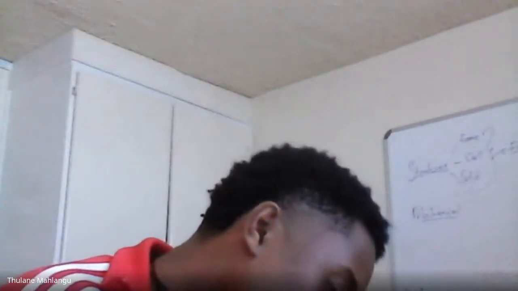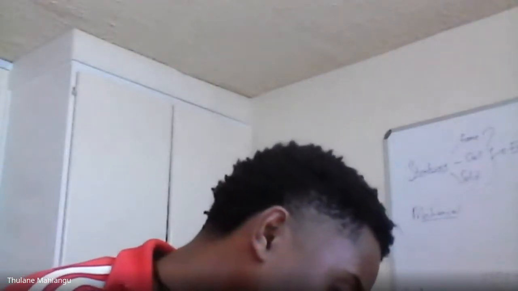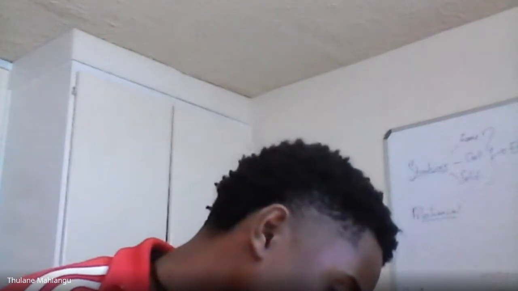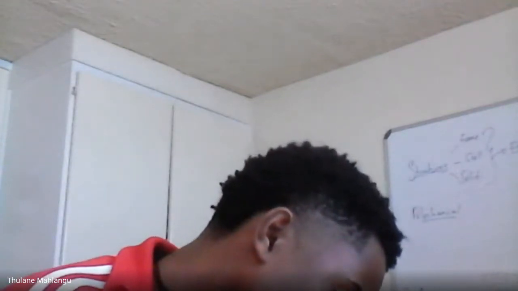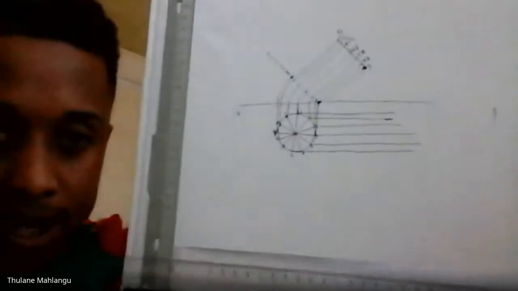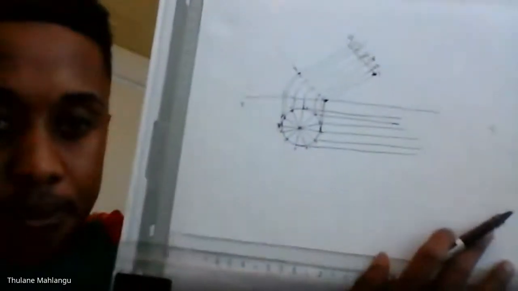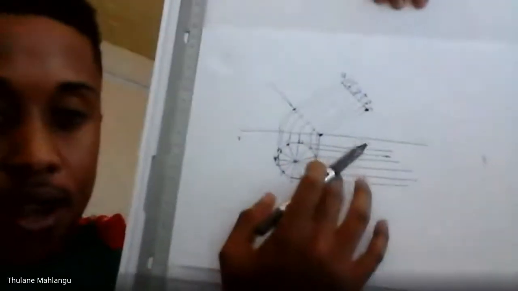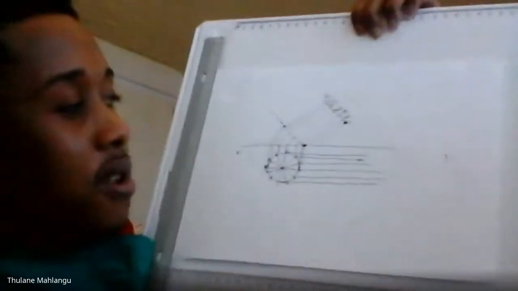So you'll scribe all from 1 to 12, all those points. 3, 2, 1. In construction lines, you'll have lines like that. You scribe lines like this. So now this is where the numbering gets important.